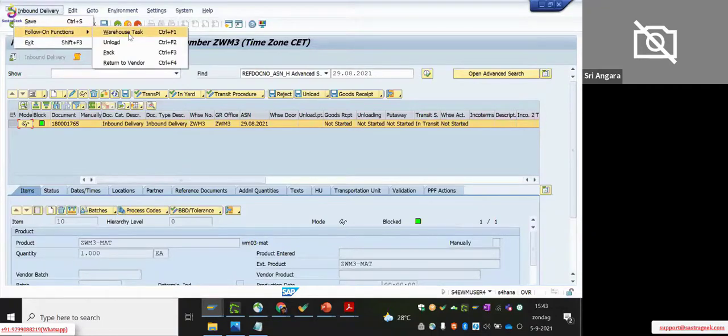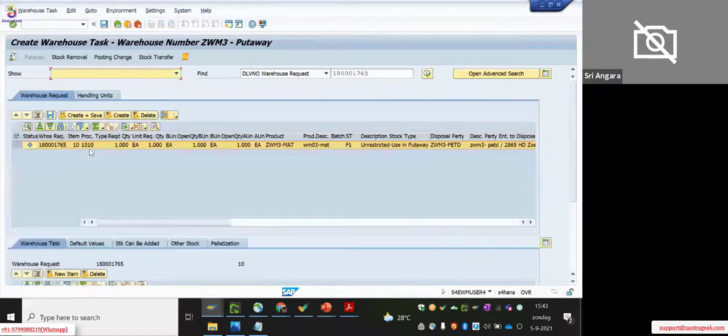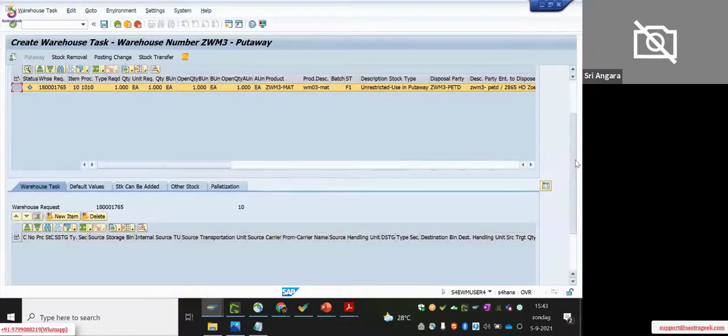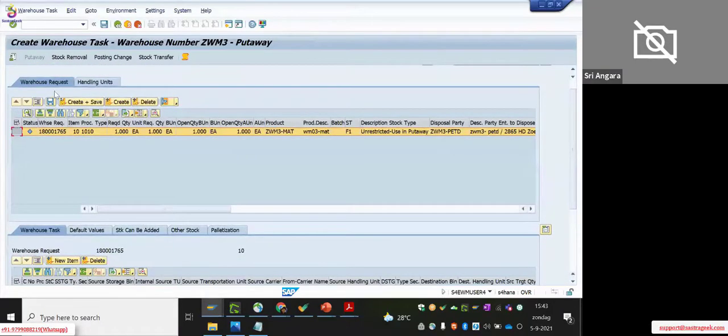This is the first activity that we would be performing. We are trying to make the system understand, and even the warehouse shop floor people, that we are creating a request saying, I have received some X products in my warehouse, and these products need to be placed in a certain storage type. That is what this warehouse request is.